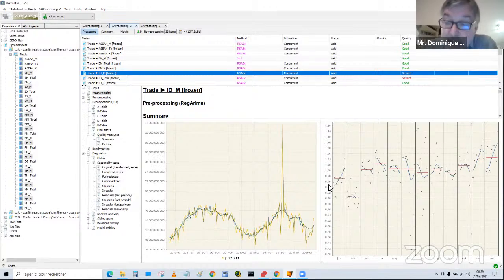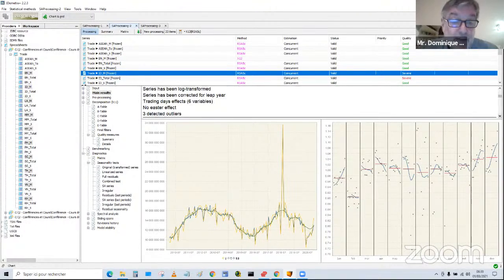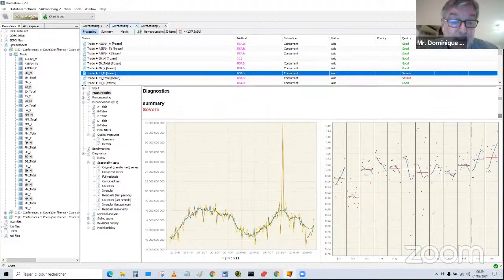So here it's going pretty well. We already saw the situation, but anyway, let me go through the results. I have a trading day effect, 3 outliers, severe, we will see that later. So everything is okay here. The statistics are good.